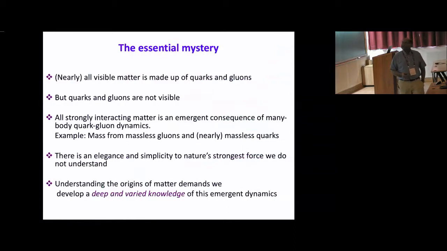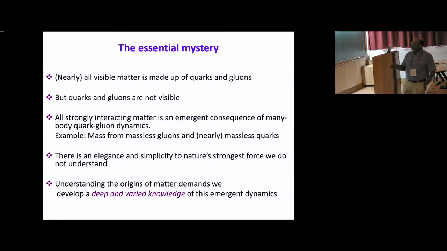So here's the essential mystery. We know that all visible matter is made up of quarks and gluons, but they're not visible themselves. And that's not, as I mentioned, a bug, it's a feature of the theory. So that's really remarkable.